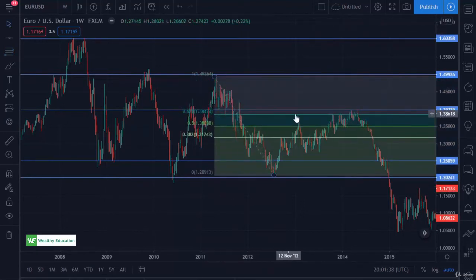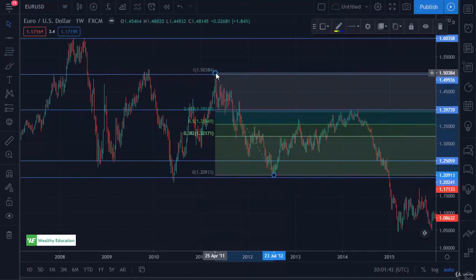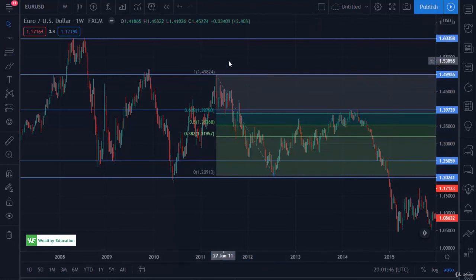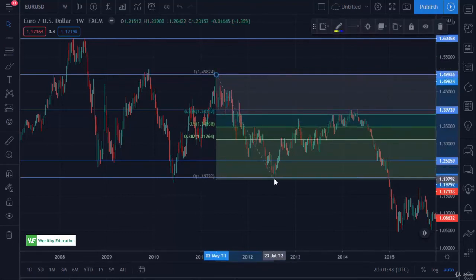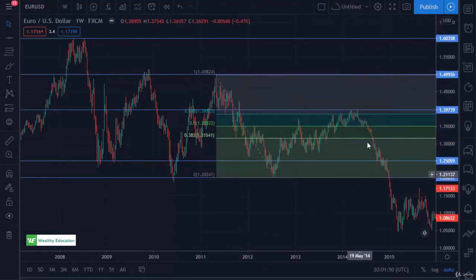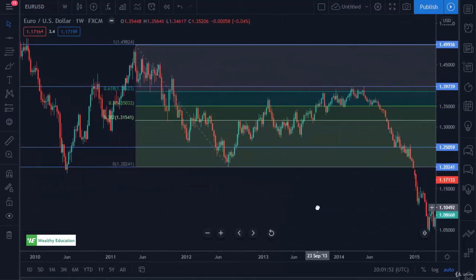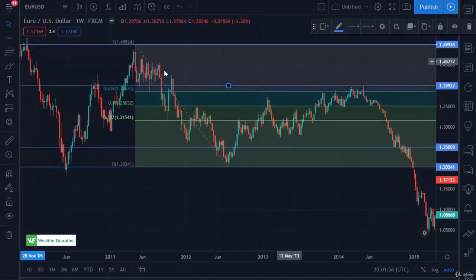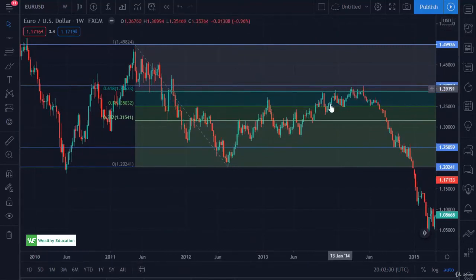Well, when you start to clean this up a little bit, when you start to look at Fib and support and resistance, you'll notice the two are highly levered towards each other. Notice how there is a support and resistance area right here, and we also have the 61.8. And that's what is known as confluence.